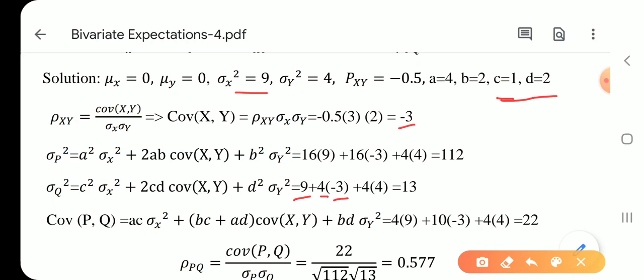Covariance is minus 3, plus d square. The value of d square is 4 into sigma y square is 4. So when we simplify that, we get the value of sigma q square is equal to 13.